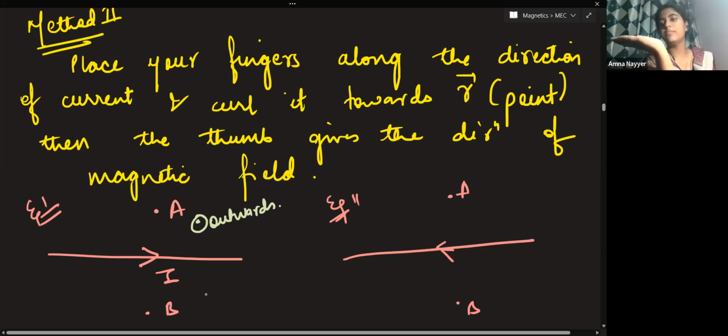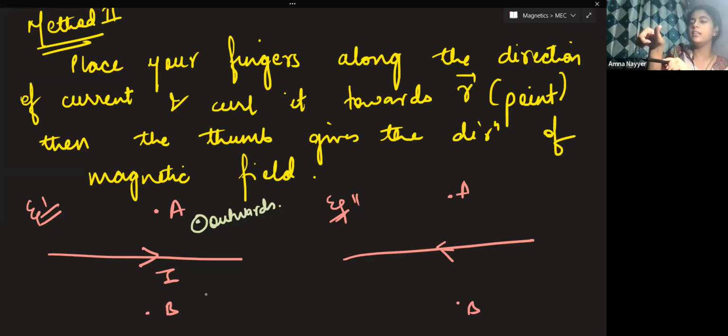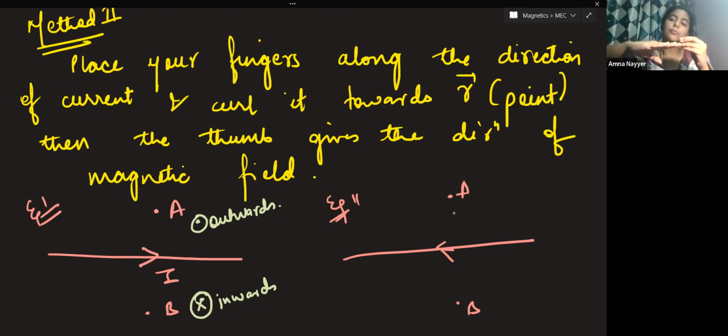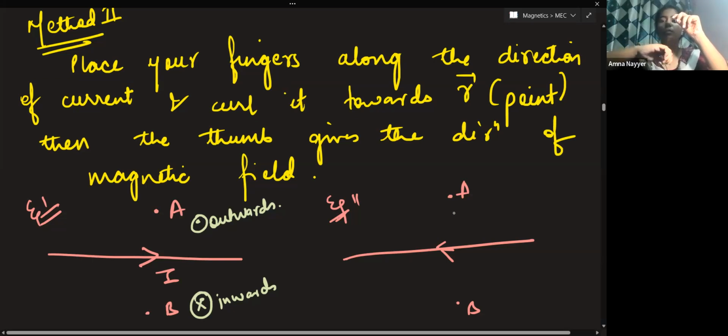And B, see, if I keep it like this, and this is my point B here. If I curl it, my fingers are not pointing towards B. If I place it like this and then curl it, this is now pointing towards B. This is leading in the inwards direction, so this is represented by a cross. Similarly, for the second example, the direction of current is like this. Point A is on the top. If I curl it like this, it won't be the solution.